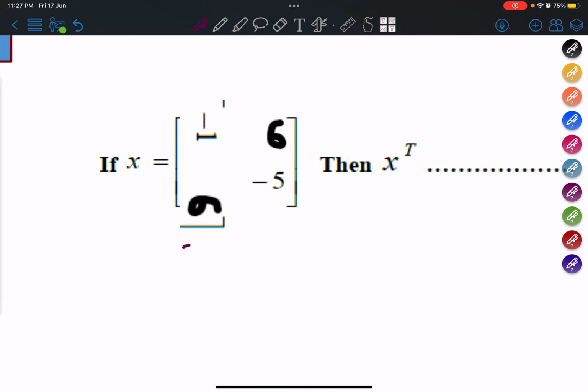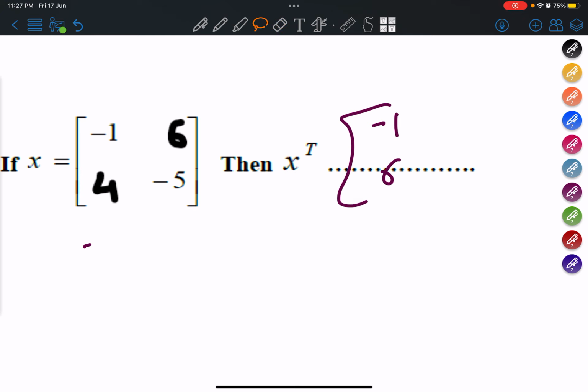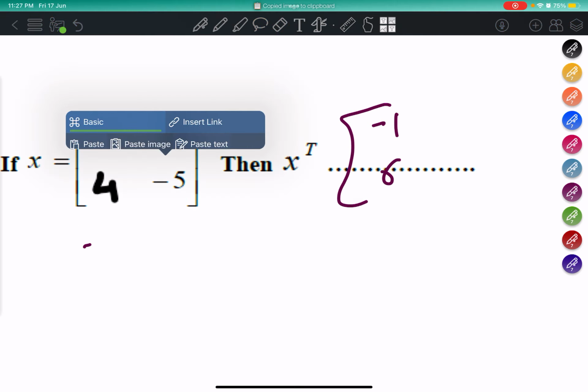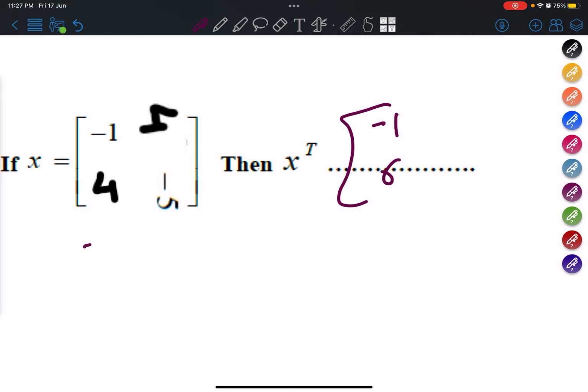See? And we can see here that our new column should be -1 and 6. And if we do the same thing again, we'll take the second row and copy it. So our second column should be equal to 4 and -5.